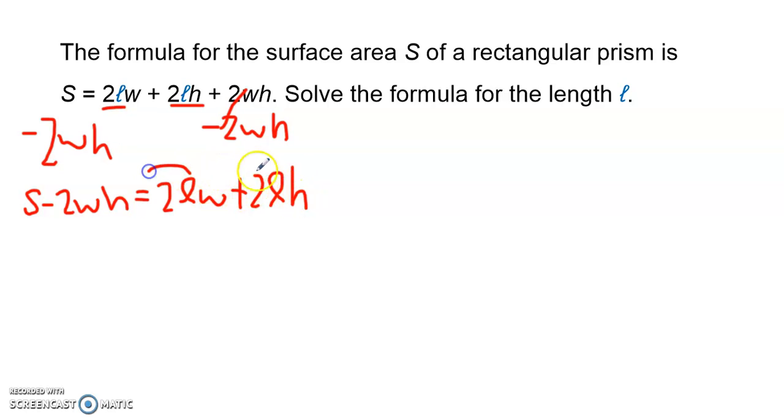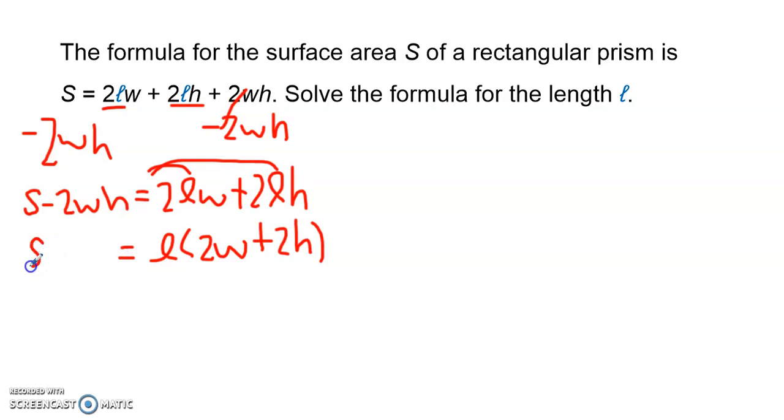Now we want to undistribute our L. So we're going to take L out, and that will leave us with 2W. And take L out of this one, leaves us with 2H. Then we've got S minus 2WH.